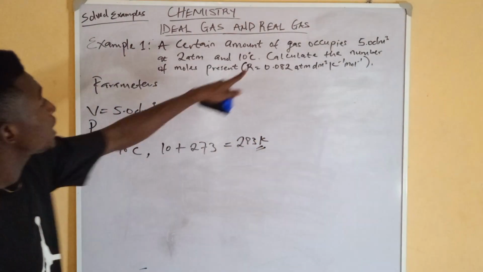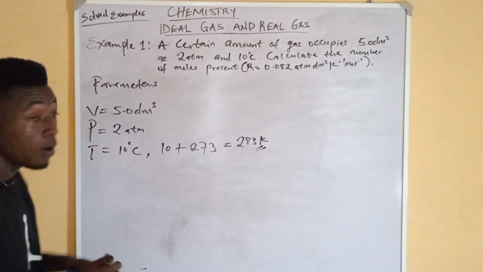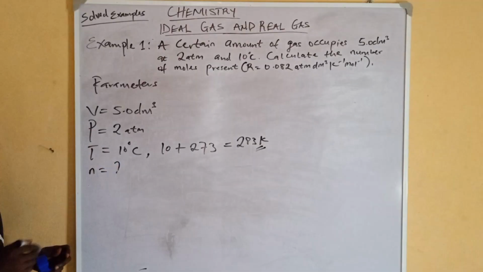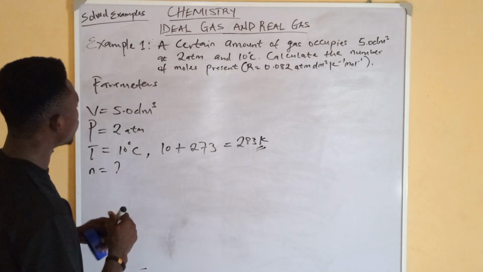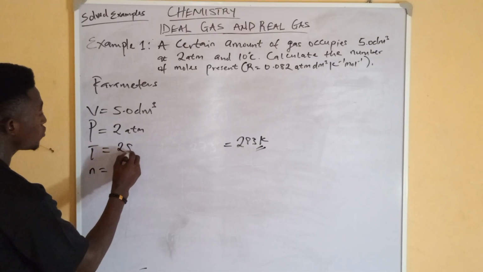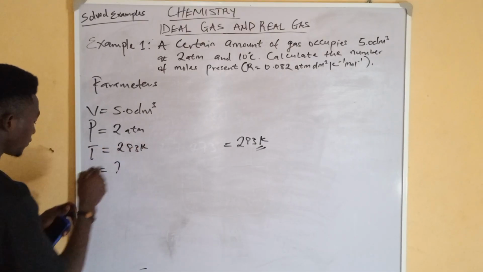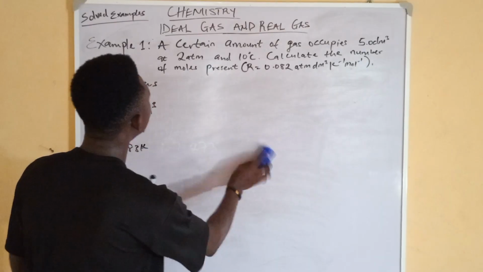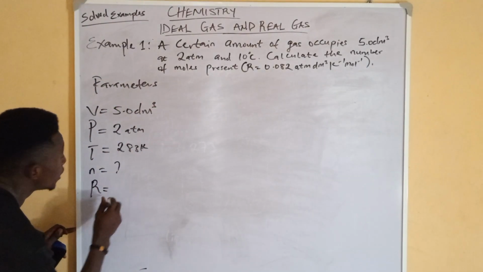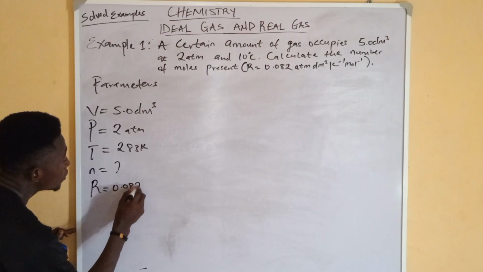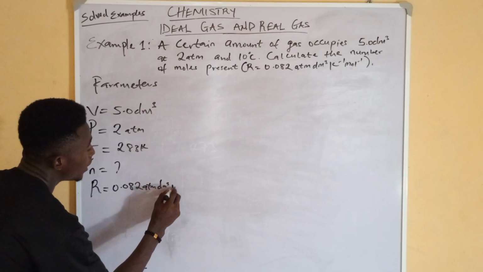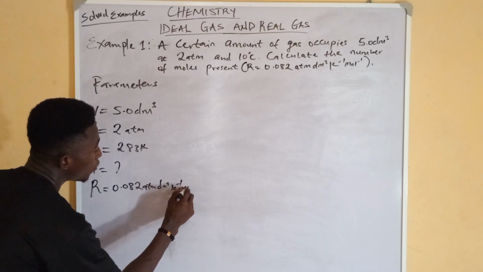All right. So they now said calculate the number of moles. You see that now our n is unknown. That's what we are looking for, the number of moles, at 283 Kelvin, where R is a constant, 0.082 atm dm³ per Kelvin per mole.